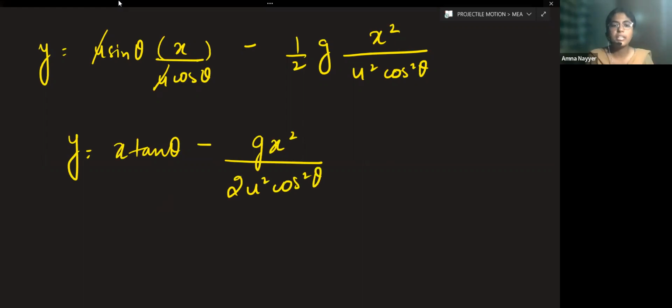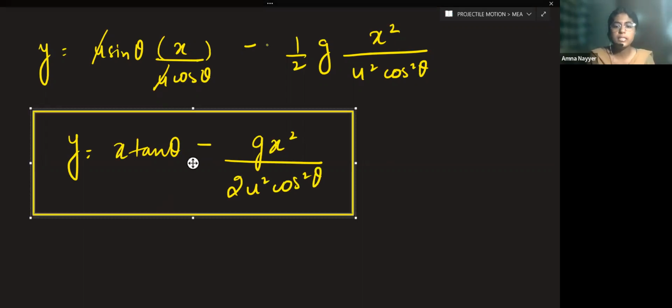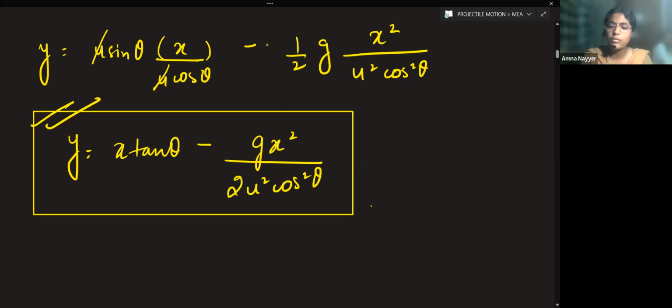This is the equation of trajectory. You have the equation for time of flight, and you have the equation for the range of motion. These three things are very necessary. So the first quantity was this, which you have to note down. Then we'll calculate the time of flight.